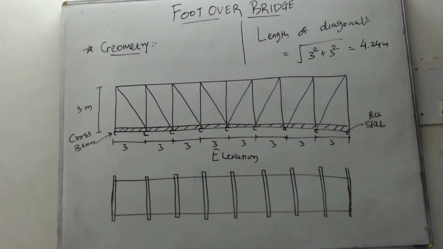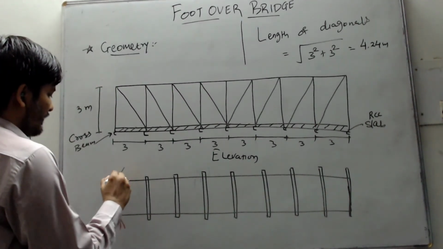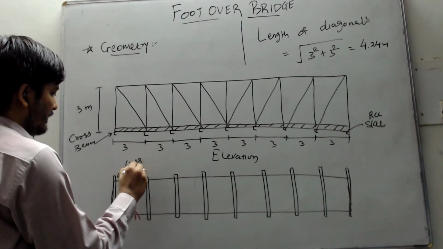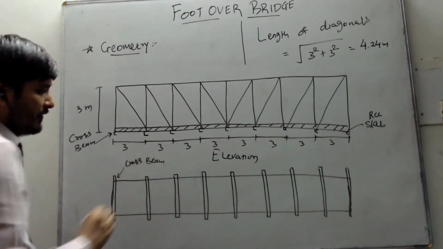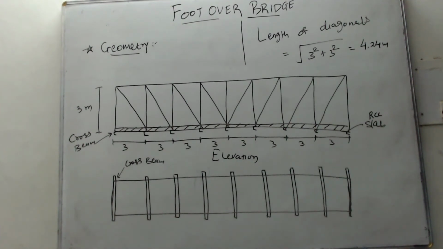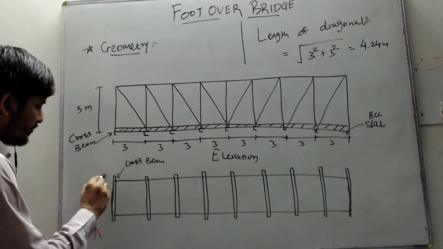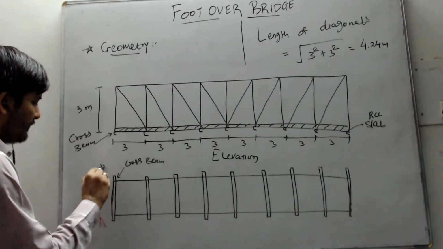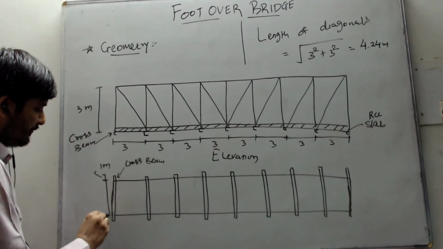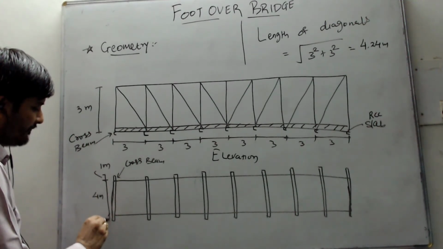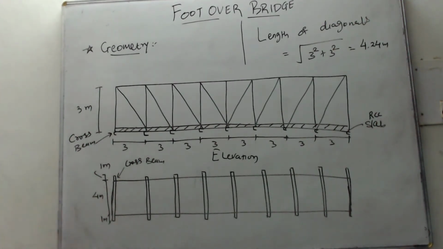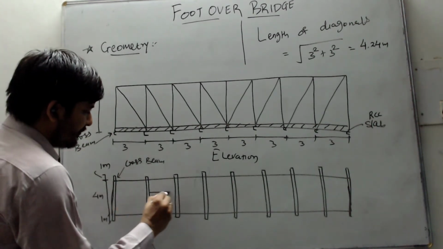We have provided cross beams at the top also, and generally we have kept the overhang as 1 meter. This will be the width of the walkway, that is 4 meter, and this will again be 1 meter. The total length is again 24 meter, and the distance between two cross beams will be 3 meter.